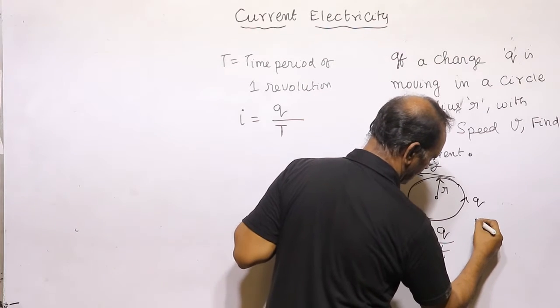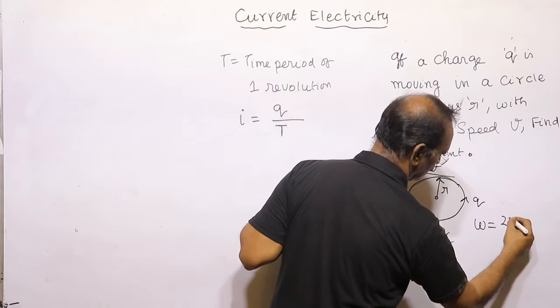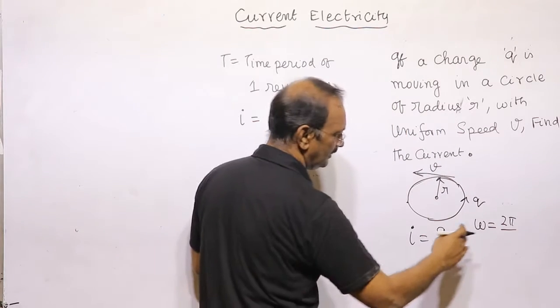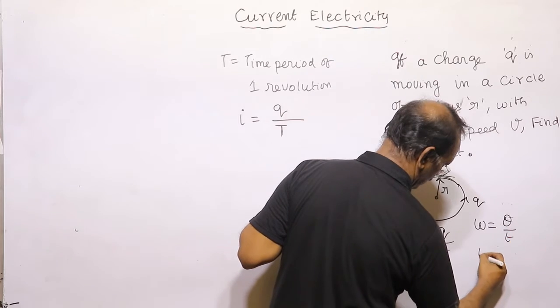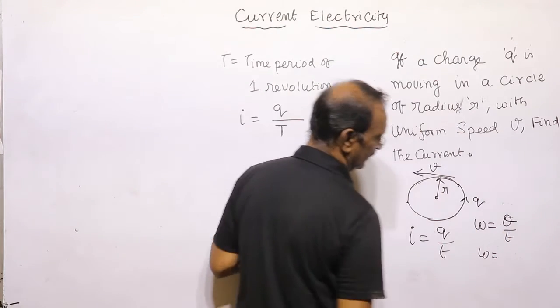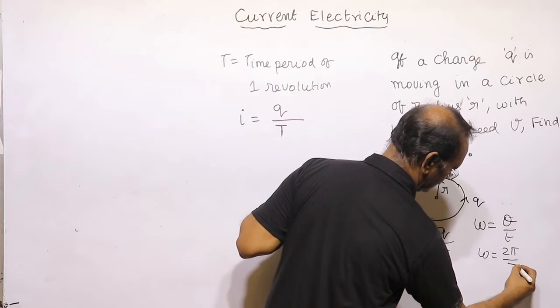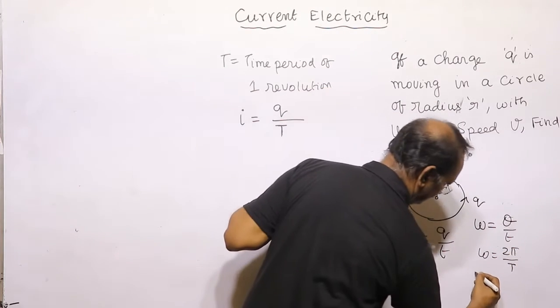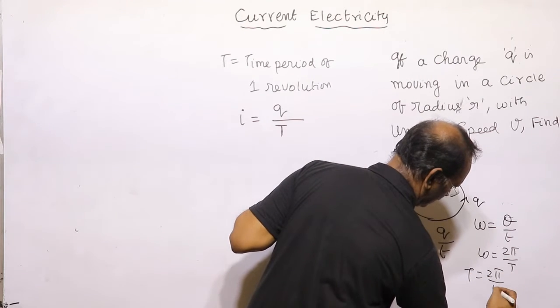We know angular velocity is equal to angular displacement by time. So omega is equal to, for one revolution, angular displacement 2 pi, and the time taken is T. Or we can write T is equal to 2 pi by omega.